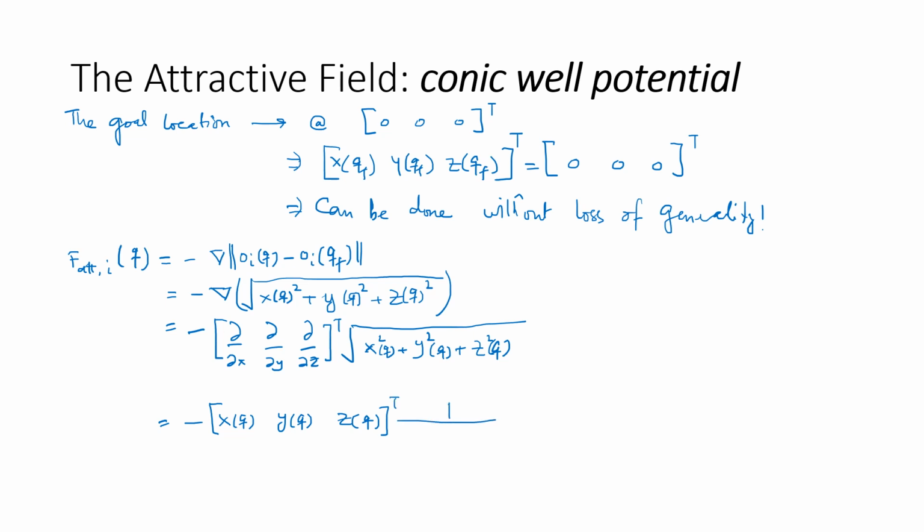Then you have 1 over Oi at q minus Oi at qf. And when you do that, obviously you can realize that this is going to be actually the difference between the positions as well. So this can be written like Oi at q minus Oi at qf divided by this thing placed over there. So this is going to be the magnitude of this difference.